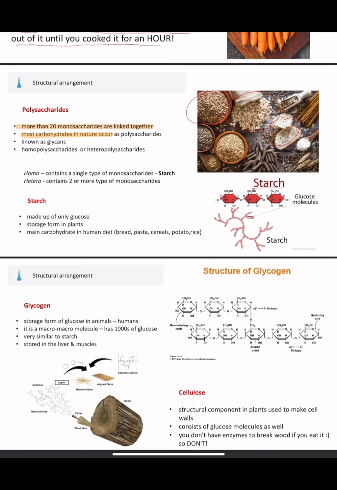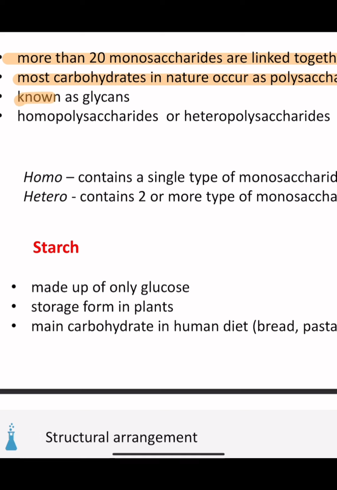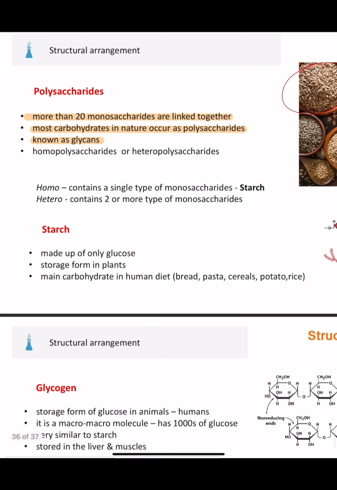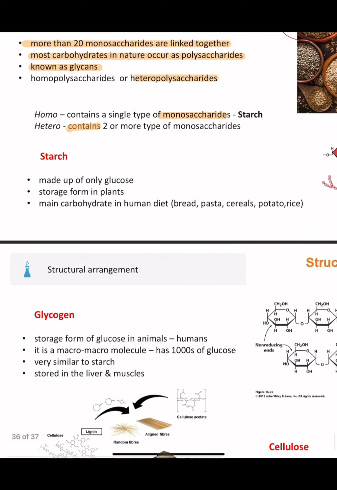Most carbohydrates in nature occur as polysaccharides. They are known as glycans, homopolysaccharides or heteropolysaccharides. Homo ones meaning that they are made from the same monosaccharide, such as just glucose. But if they have glucose, fructose, and all that, it's going to be called heteropolysaccharide.